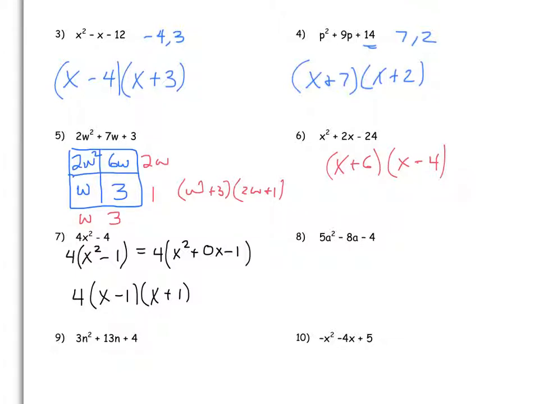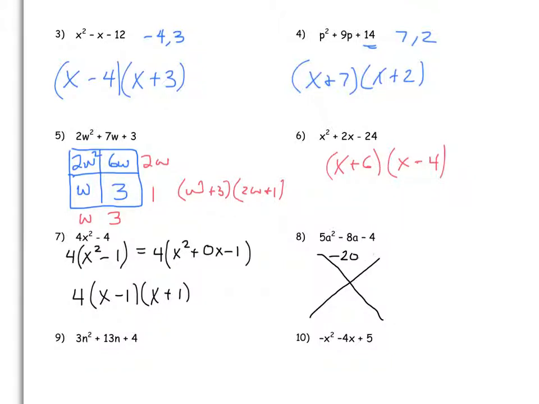Number 8. Let's do the diamond cutter. So I multiply my end terms. 5a squared times negative 4 would be negative 20a squared. Well, I don't have to put the a squared, just the negative 20.